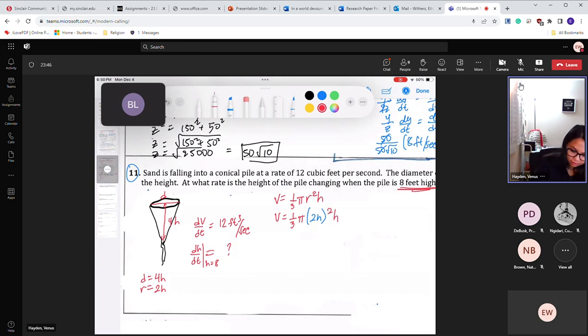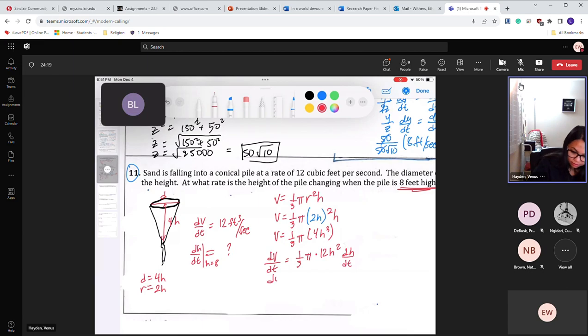Now let's simplify this. That gives us V is equal to 1/3 pi times 4h cubed, because we have 2 to the power 2 times h to the power 2 times h, which gives us 4h cubed. So now let's find its derivative. This gives us dV/dt is equal to 1/3 pi, 4 times 3, that gives us 12, h to the power 2 dh/dt.